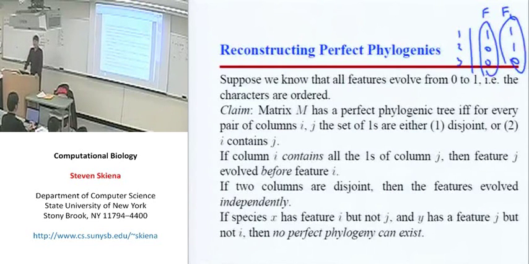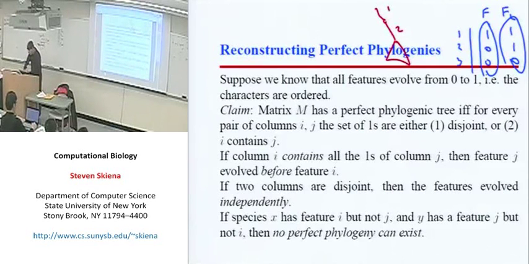Does everybody see that? How would these have evolved? What do we know in this case? Feature 2 evolved from feature 1, meaning that the tree that you want to have is that there was a feature labeled 1, a feature labeled 2, right? Underneath feature labeled 2 over here are sitting species.